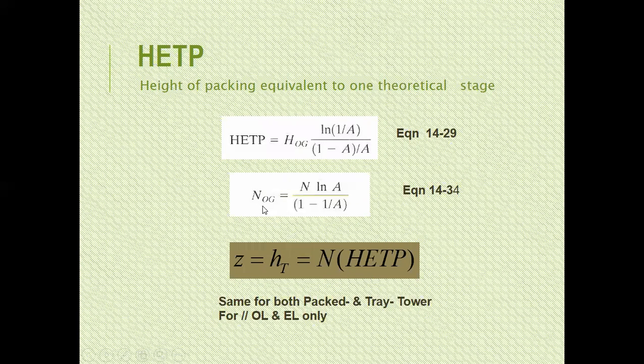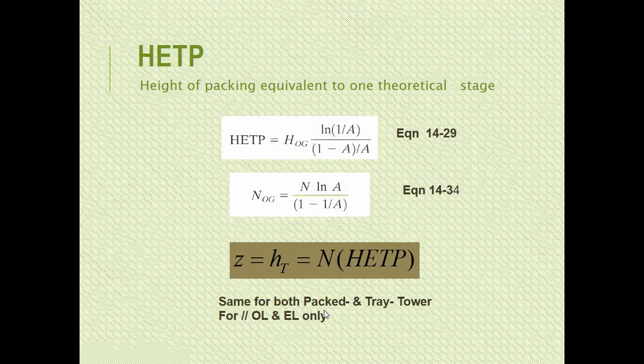That way you will not have to solve for the NOG. Though your NOG, which you will multiply to the HOG, is also solved using the theoretical number of stages. So these are how the formulas in determining the column or the tower height are interrelated. These formulas are also available in your handbook as I have written here.